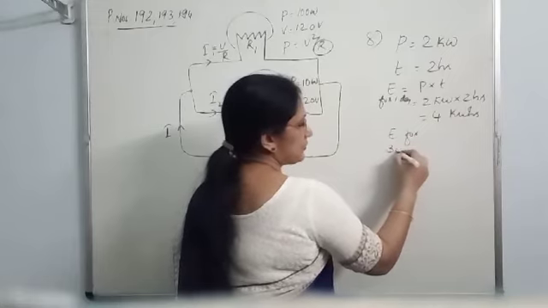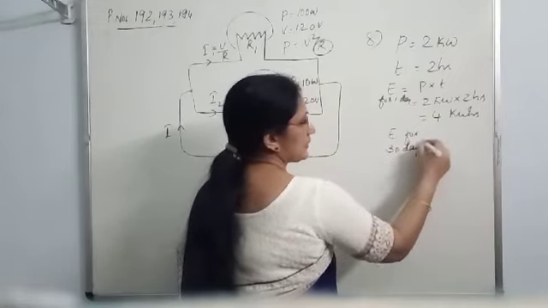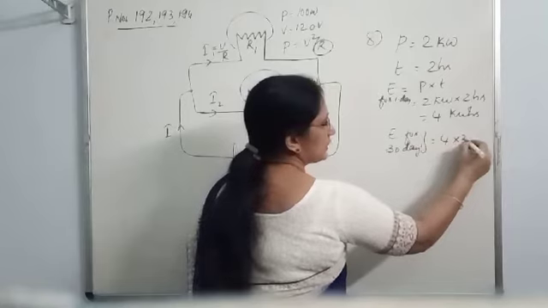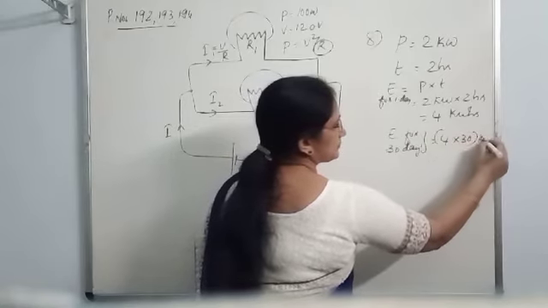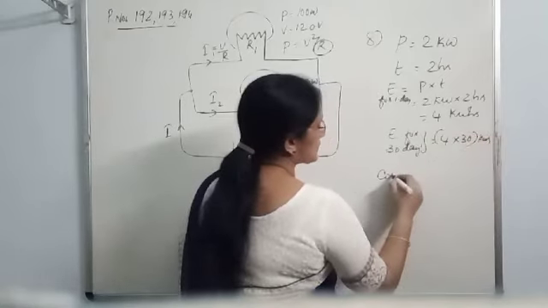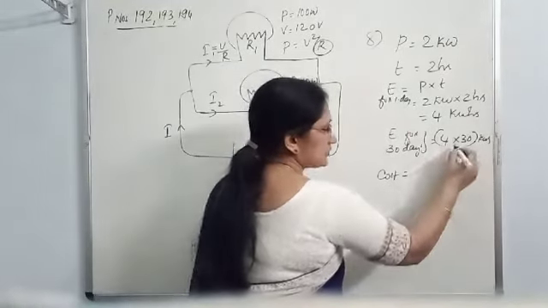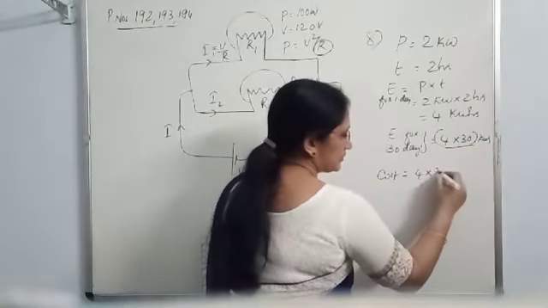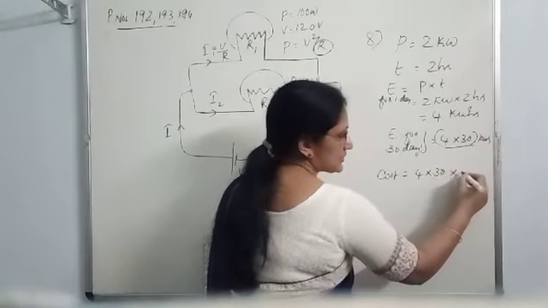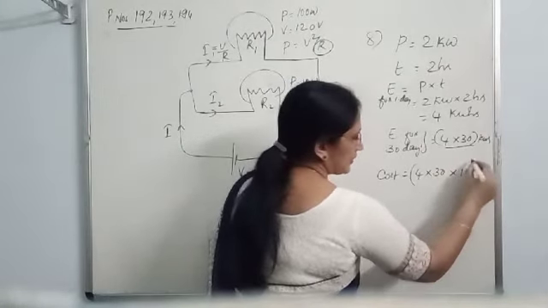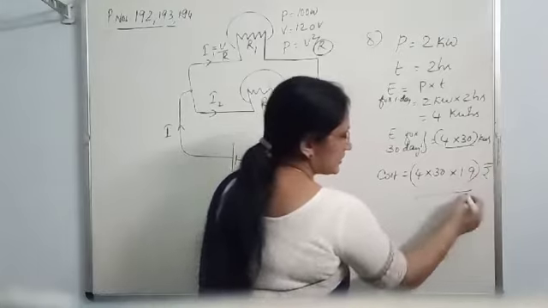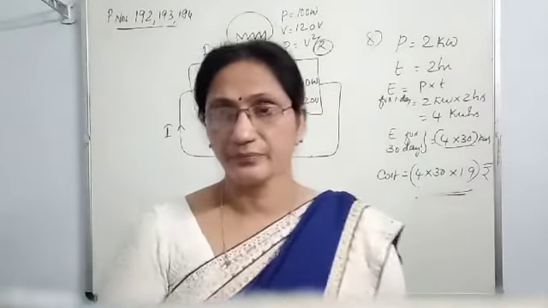Energy consumption for 30 days is 4 into 30 kilowatt hour. Then cost. 1 unit cost is 1.9. So these many units, 4 into 30, 120 units into 1.9 rupees. This is the electricity bill.